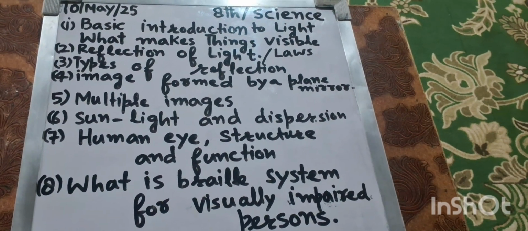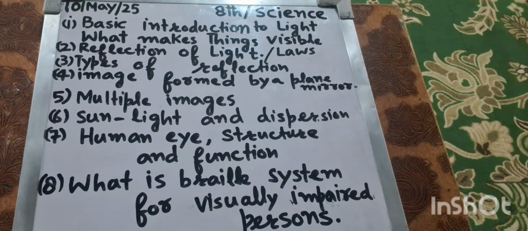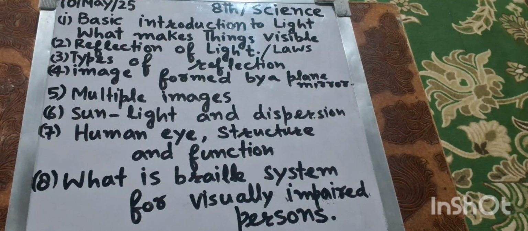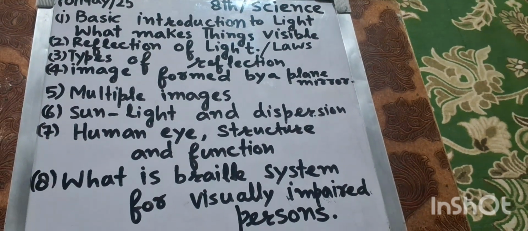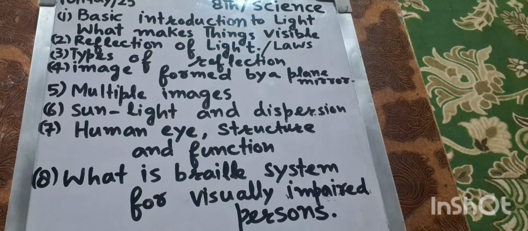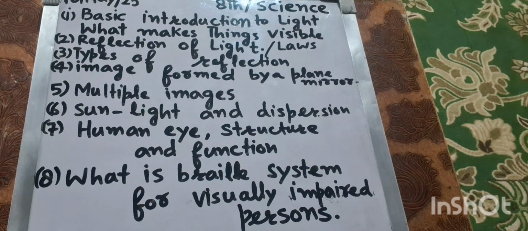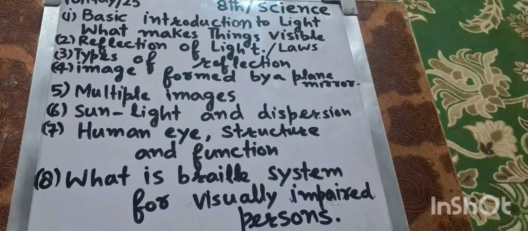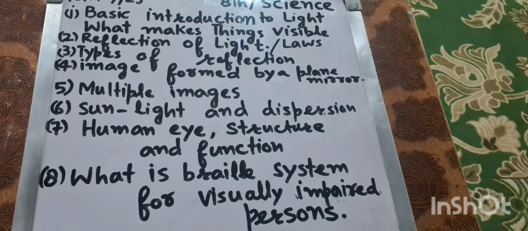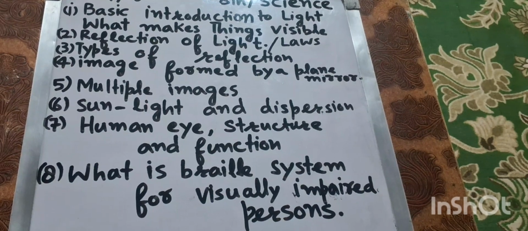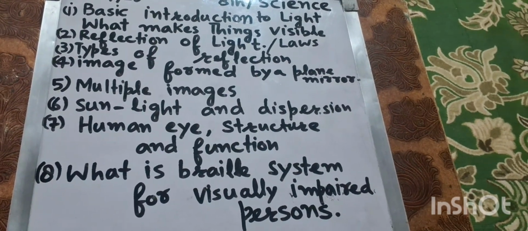Our sixth topic will be sunlight and the phenomenon of dispersion. Our seventh topic will be an important topic, the human eye, its structure and function. Our eighth and last topic will be the Braille system for visually impaired persons.